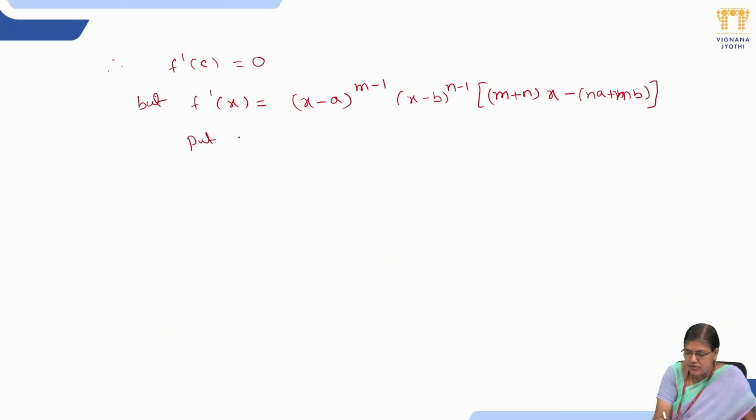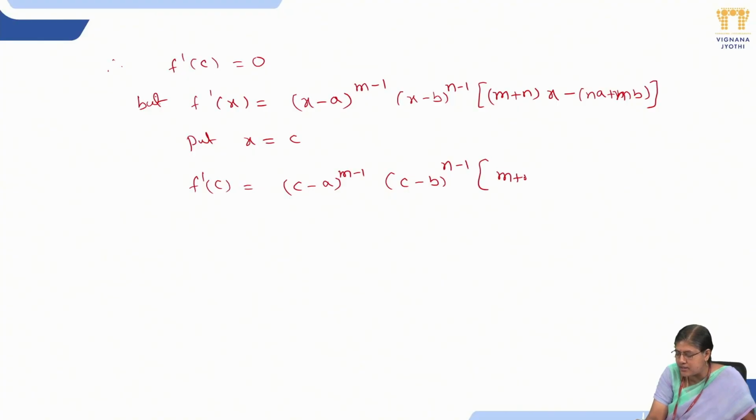Put x equal to c in the above expression: f dash c is equal to (c minus a) whole power m minus 1 into (c minus b) whole power n minus 1 into (m plus n) c minus (na plus mb).